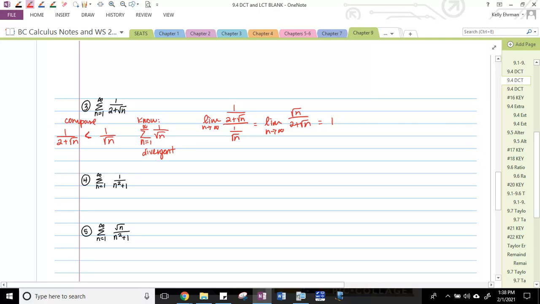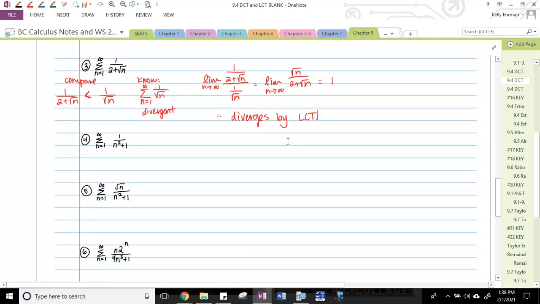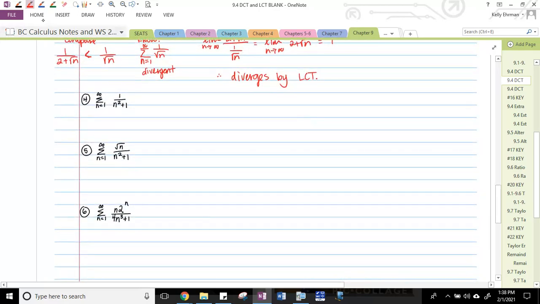It's almost always going to be 1 unless you start changing, like if you made this 2 over square root of n or something like that. Anyway, that's a number, which is great. So they act together, so it diverges by LCT. All right, next one.